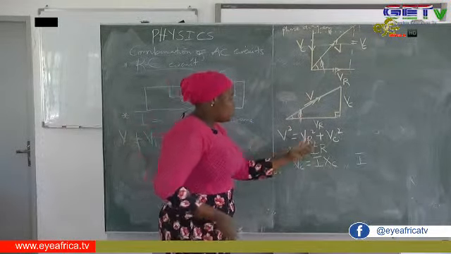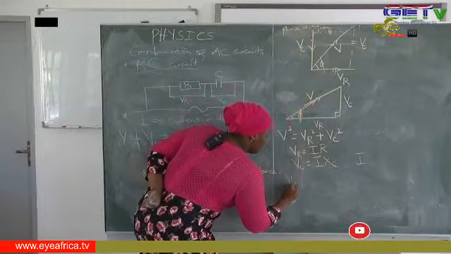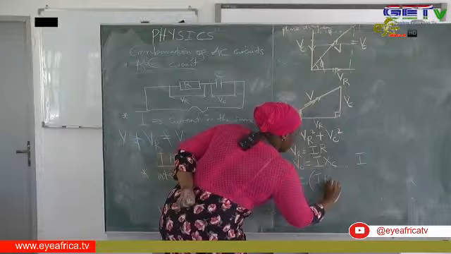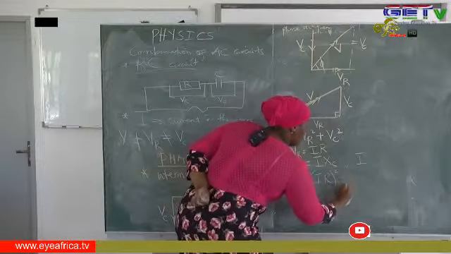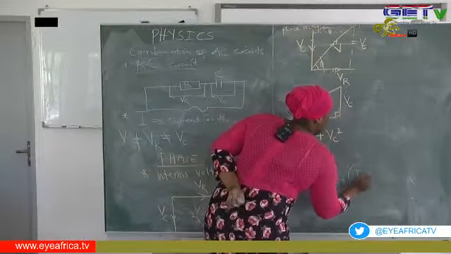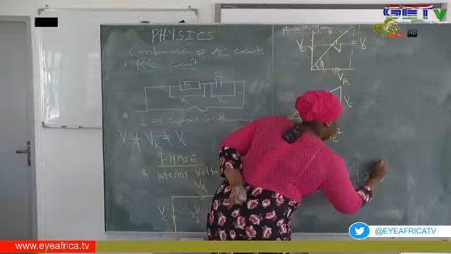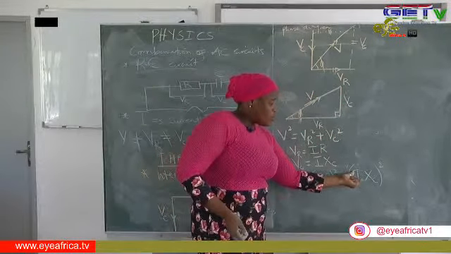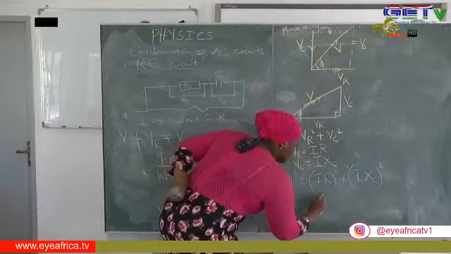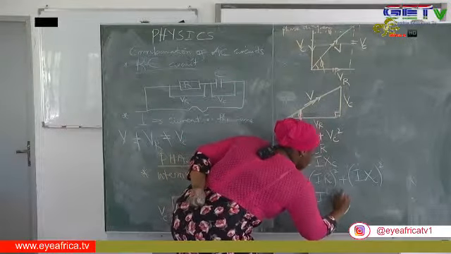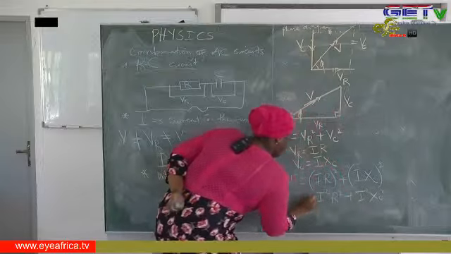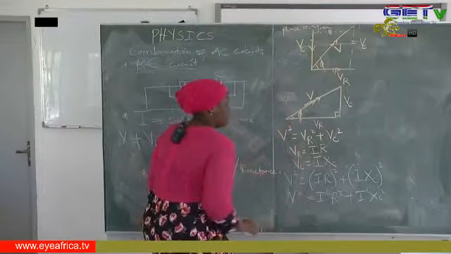So substituting this into the equation will give us V squared is equivalent to (IR) all squared plus (IXC) all squared. You will notice that I squared is common. If you simplify, this becomes I squared R squared plus I squared XC squared, all equal to V squared.